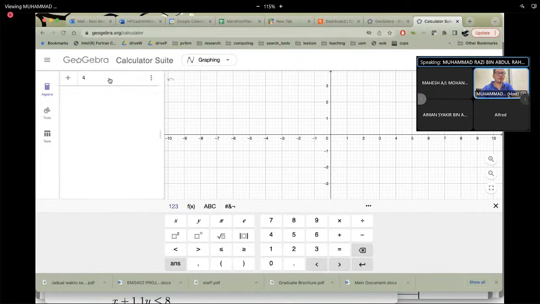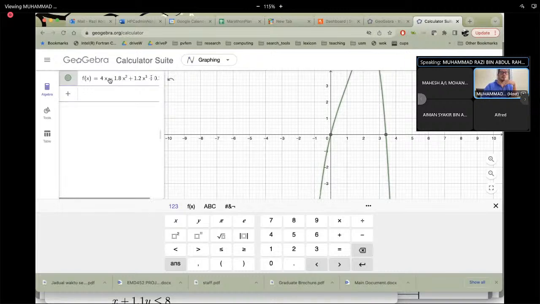Okay, 4 times x, minus 1.8 times x square, plus 0.2 times x to the third power, then minus 0.3 times x to the fourth power.